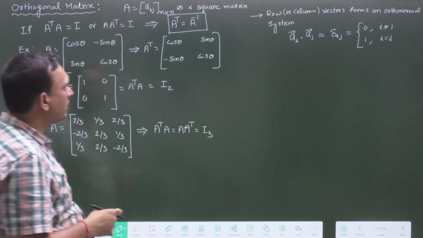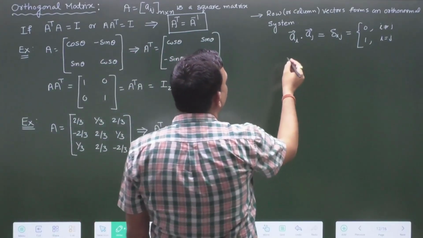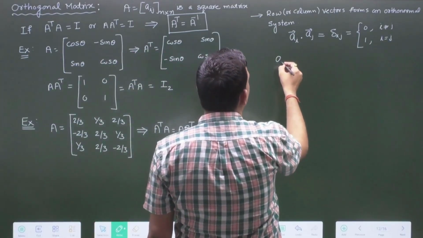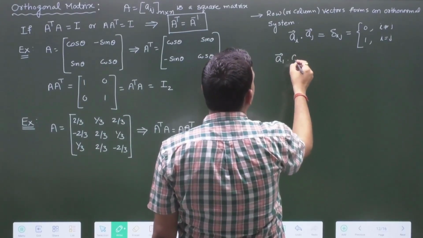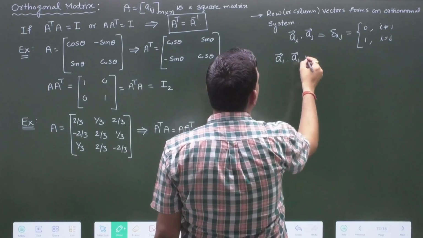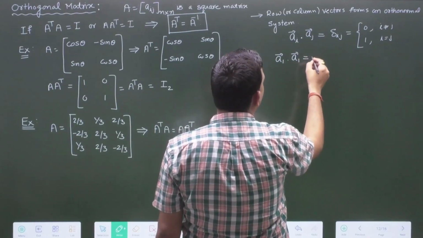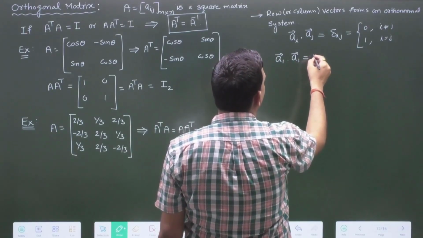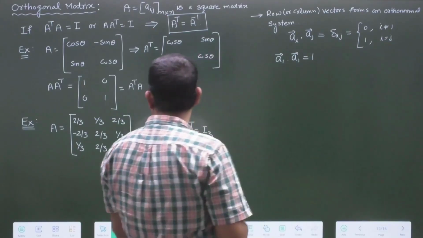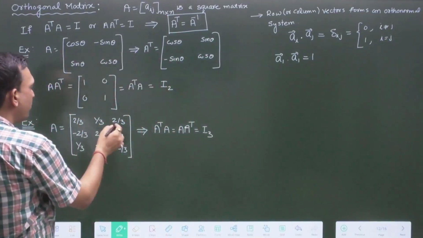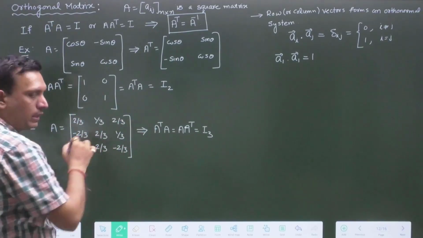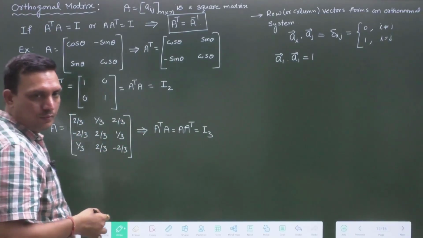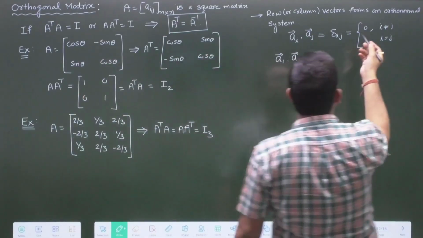If I take, for example, A1, so what will be A1 dot A1? That will be 1. So if you take the dot product with itself, whether you are taking a row vector or a column vector, both will give you 1; they form the orthonormal system.